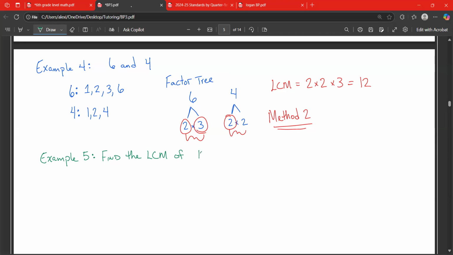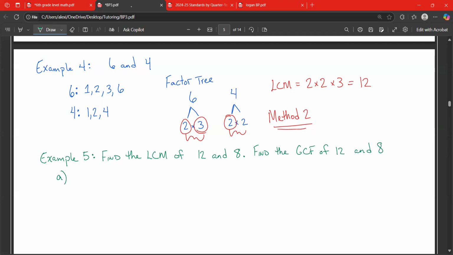So I'll just do 12 and I'm thinking 8. Okay, so let's find the least common multiple of 12 and 8. And then let's also find the greatest common factor of 12 and 8.